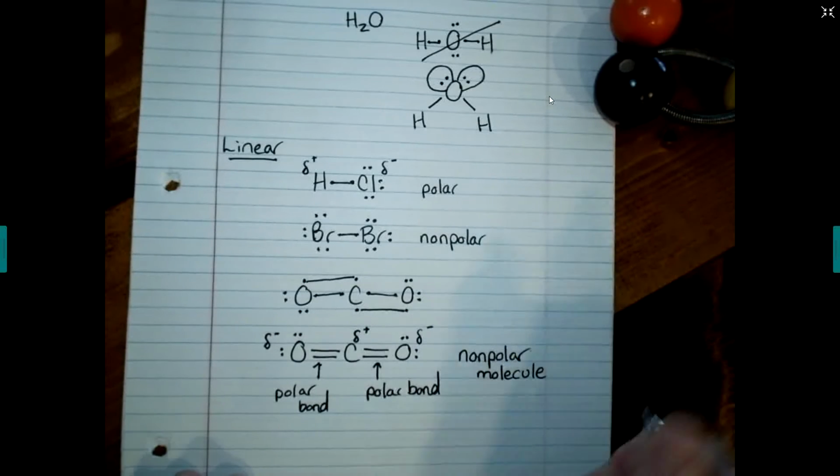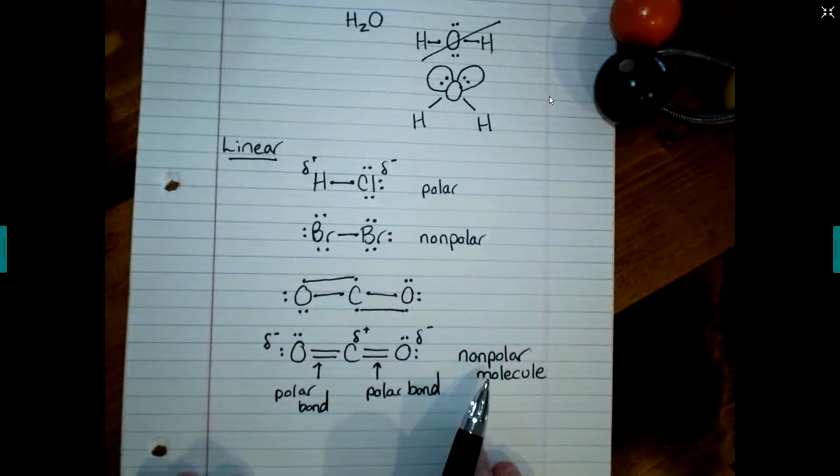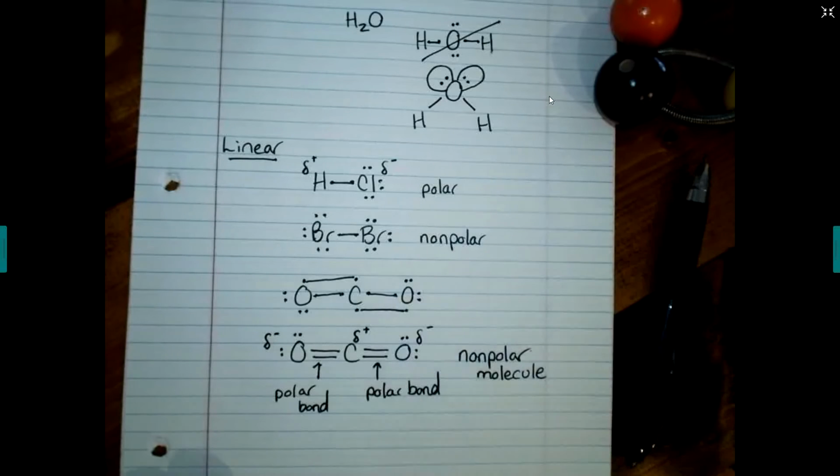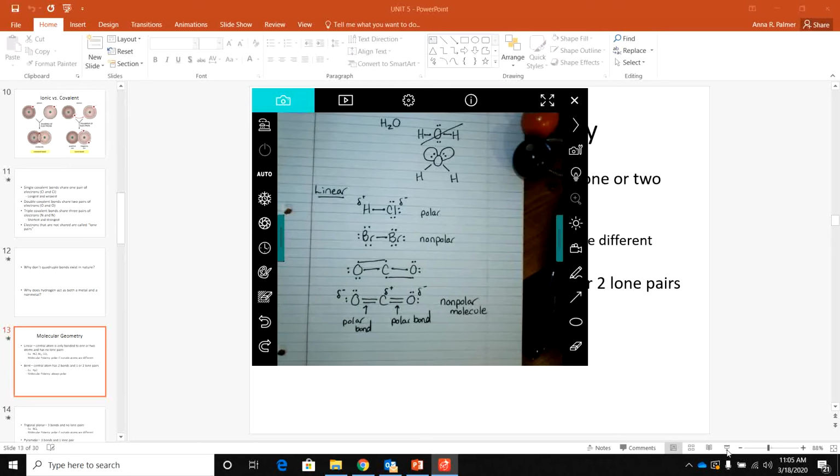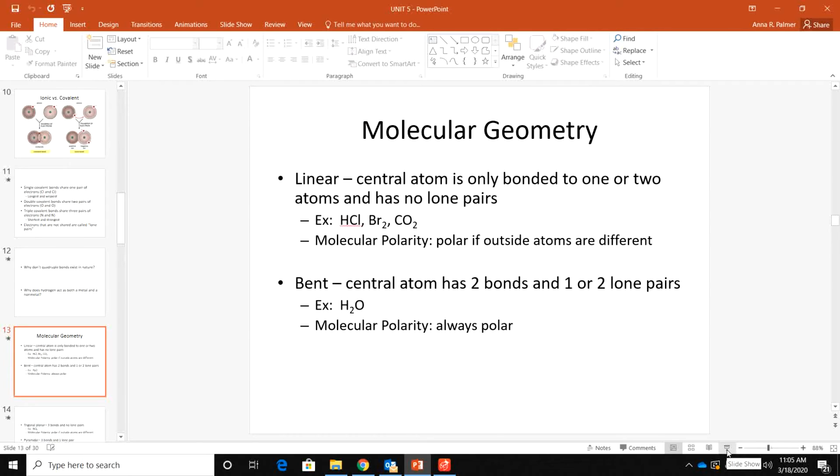So it is possible to have a nonpolar molecule that contains polar bonds. All right, so that's your very first shape. That is linear. Now we're going to switch back over to our slides, and I'm going to teach you the next shape.